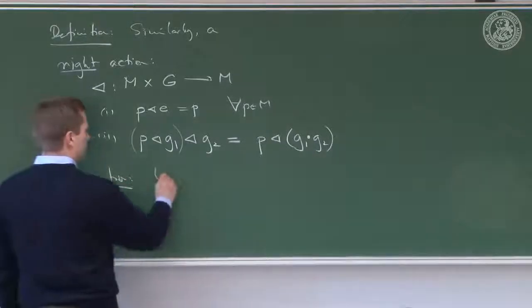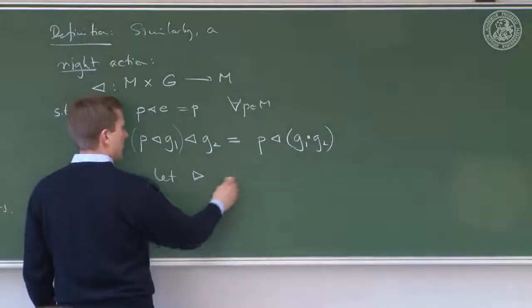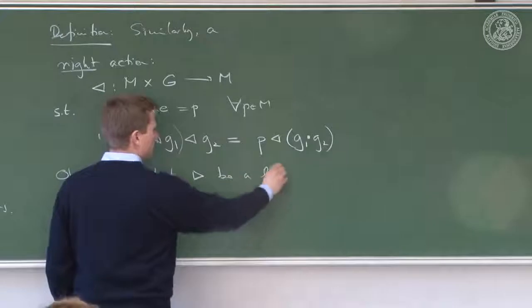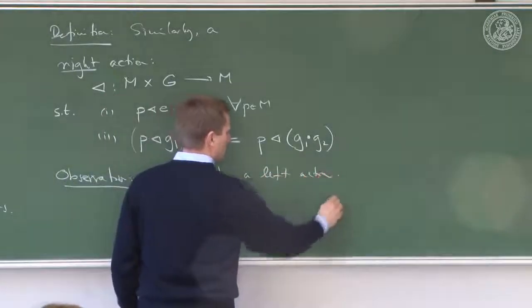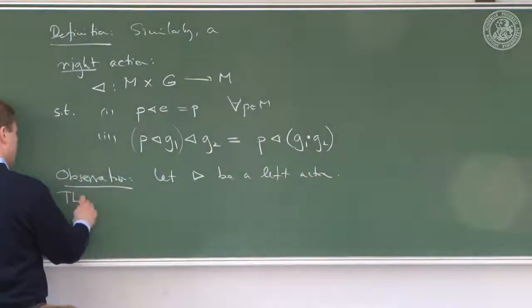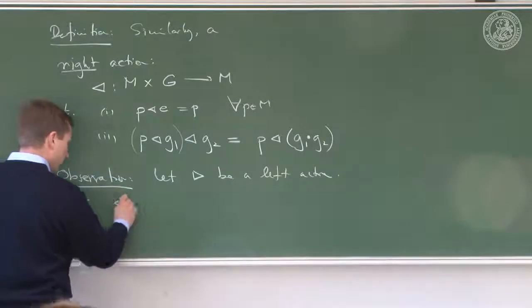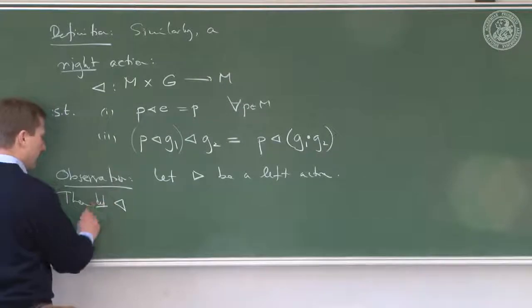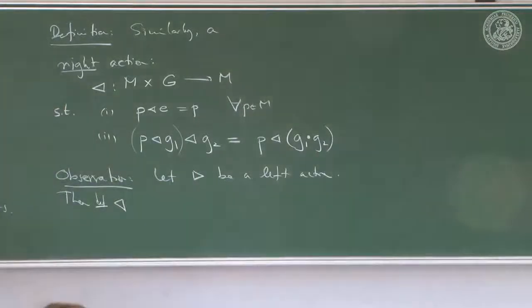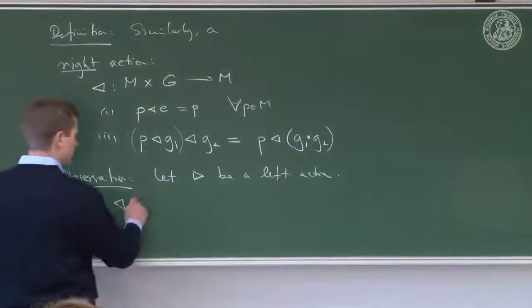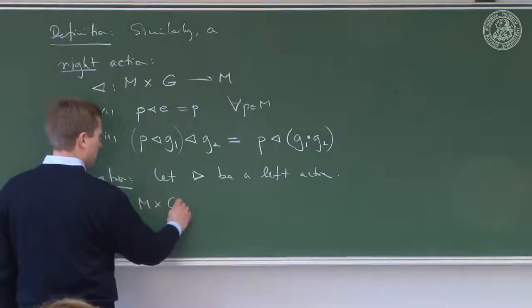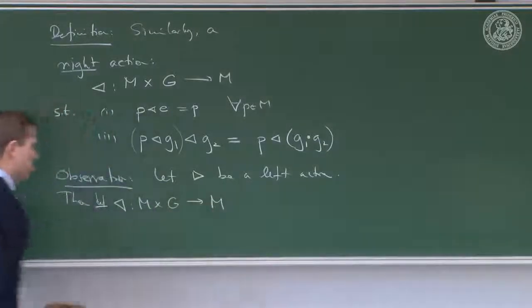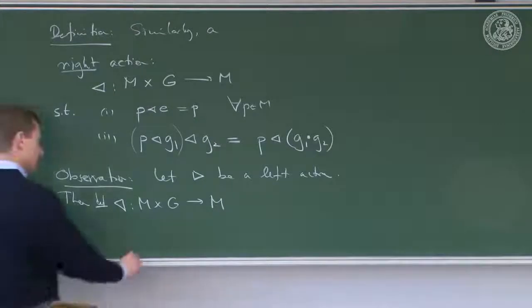and that is, let this guy be a left action. Then we can actually define a right action from it. You've got to be careful in which direction this guy points. Then a right action which goes from M cross G to M can be defined this way.